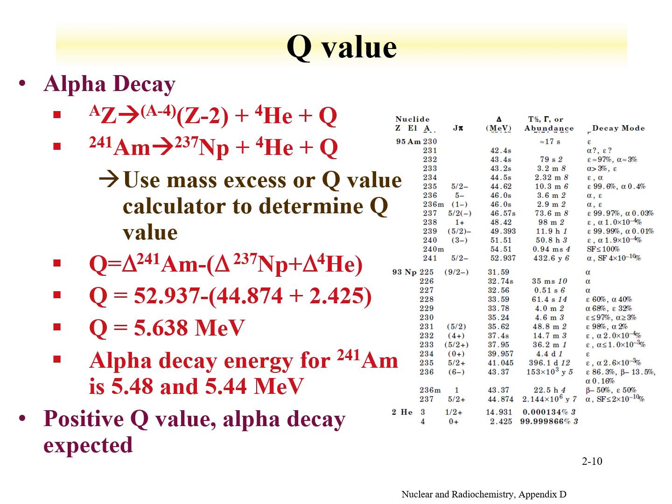So we can use mass excess to determine this. We can also do this with something called the Q value calculator, and I'll show you how to use that later in this lecture. But let's consider the terms that we have here. One needs to get the mass excess of americium-241, neptunium-237, and helium-4, the alpha particle. The mass excess of americium-241 is provided here.